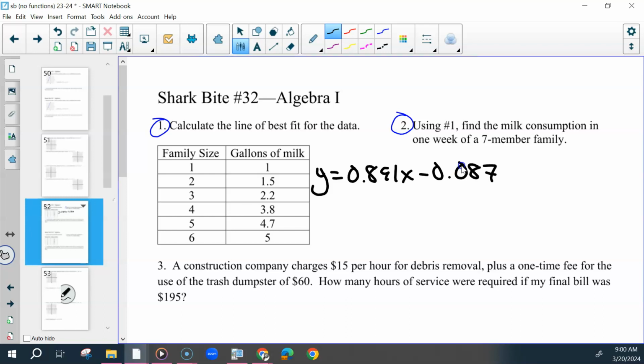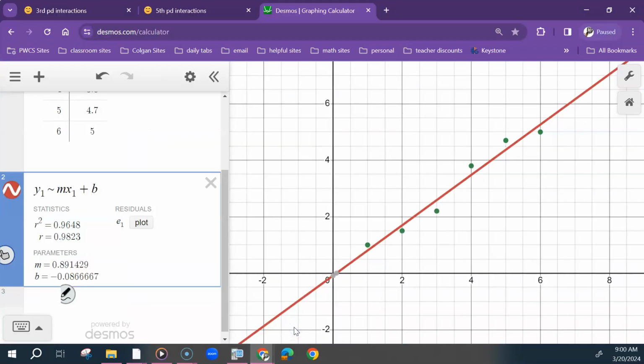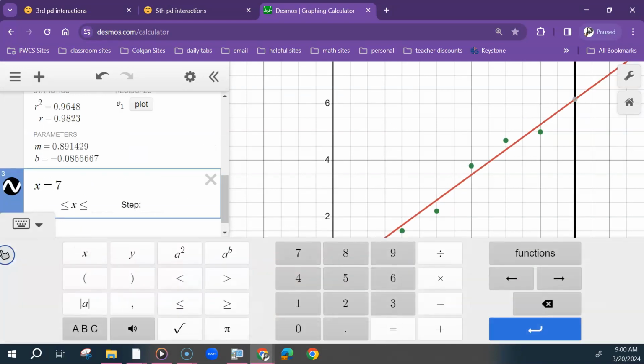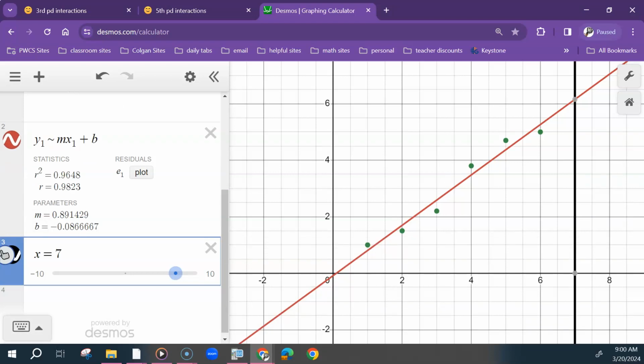For number 2, it says using number 1, find the milk consumption in 1 week of a 7-member family. So if we put x equals 7, and found where those 2 lines cross, that would be our answer to number 2, 6.1.